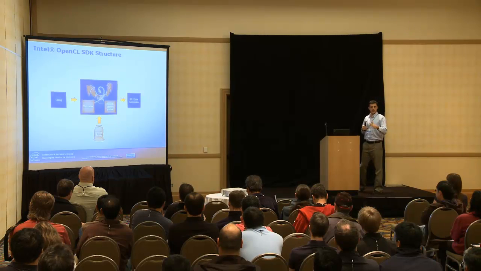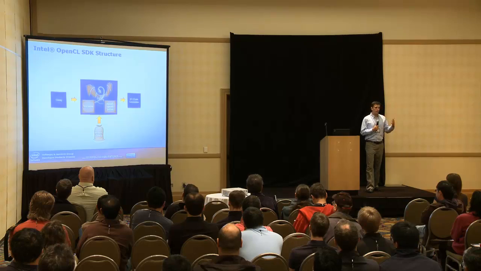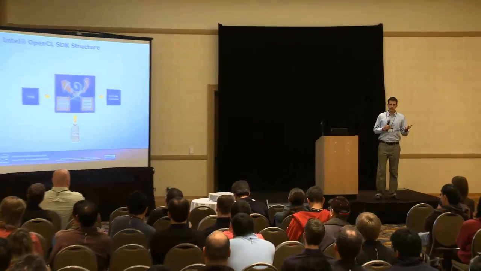Then Clang generates LLVM-IR, and the LLVM-IR goes into LLVM, and we run the standard LLVM optimizations. We also have OpenCL-specific optimizations and transformations, and the vectorizer is a group of passes which we use.